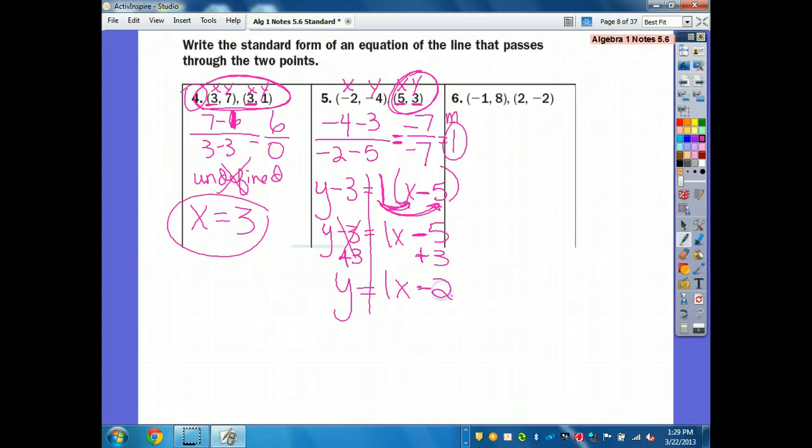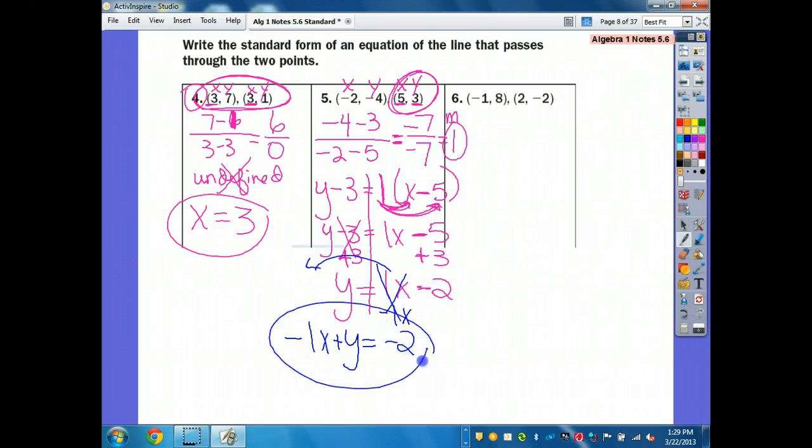Now that's where we would have stopped on our worksheet yesterday, right? Now here, for today, one more step. What do I need to move? Minus 1x. Yes, minus the 1x. We got to get that over here. So now I got a minus 1x plus y equals what? -2. Done, right?